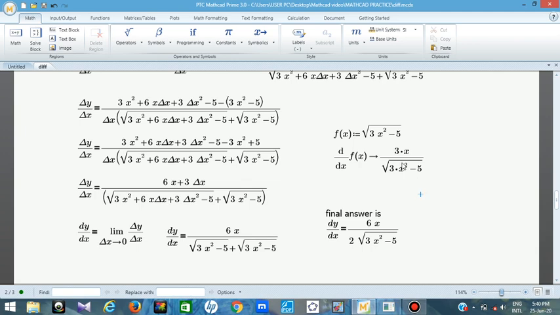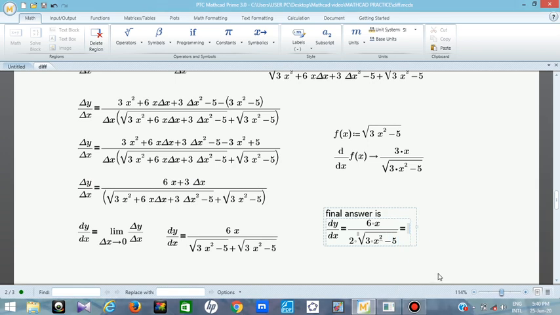You can see that the system even did this simplification further. You can see what it did now. It knows that 6 can still divide 2. So 6 divided by 2 is 3. That's why the numerator is 3x divided by square root 3x squared minus 5.